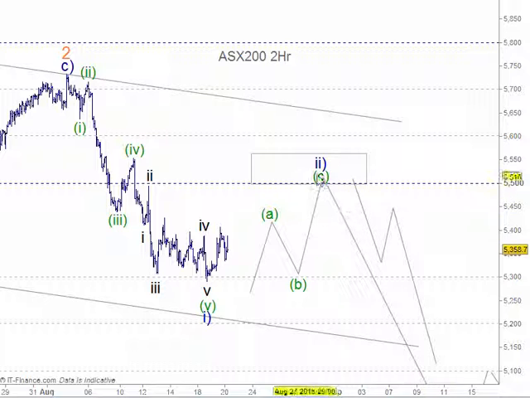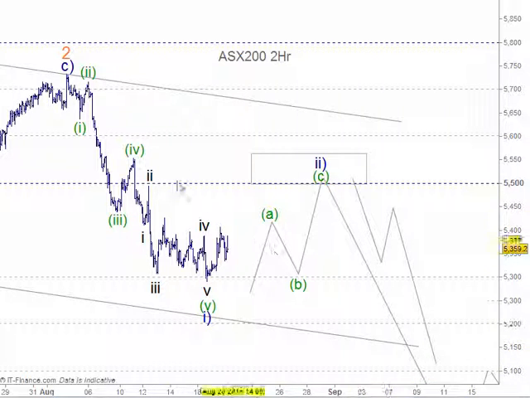Anyway, 5.5 is a critical point here, and I think you need to start thinking of two strategies: one for building in on longs above 5.5, and one for shorting down here longer term.